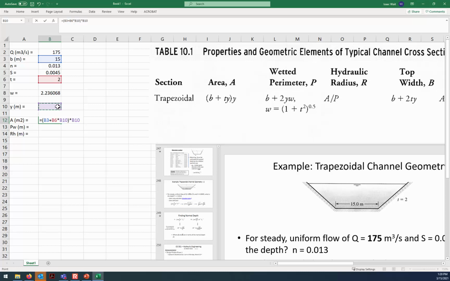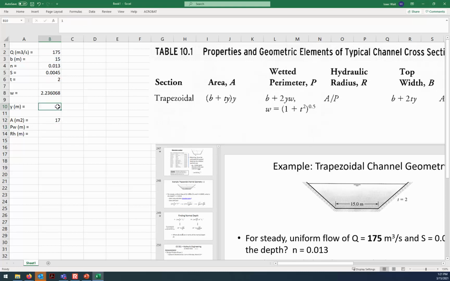I mean, you can if you want. It won't do any harm. But I don't have to because all of the iteration that I do is just going to be by changing values of y. I won't be dragging the formula elsewhere. Okay, so I've just typed in the formula for the area of this trapezoid based on some depth.